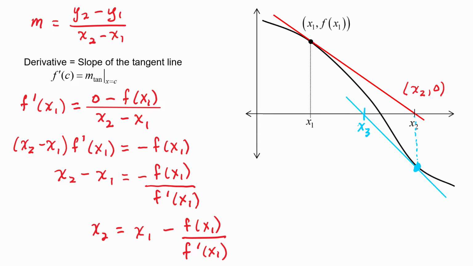And now we can do the same formula for x3, and we can say that it's going to equal then x2 minus f of x2 over f prime of x2. And now we know who x3 is. We have that actual value, and we could put that into the function, use x3 to get this point on the function, and we could draw in the tangent line there.